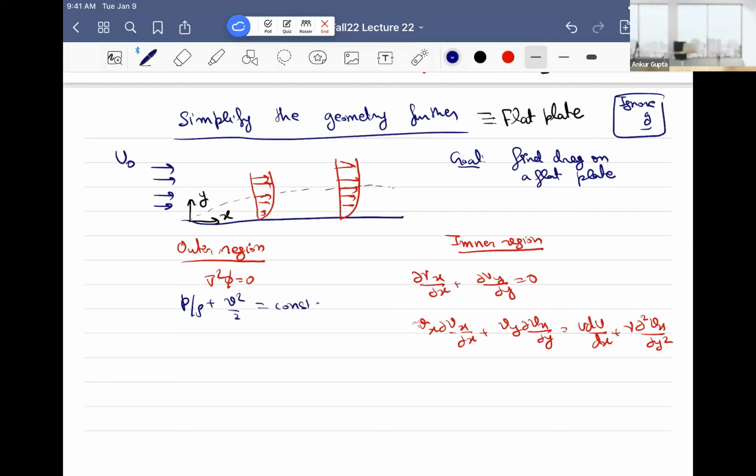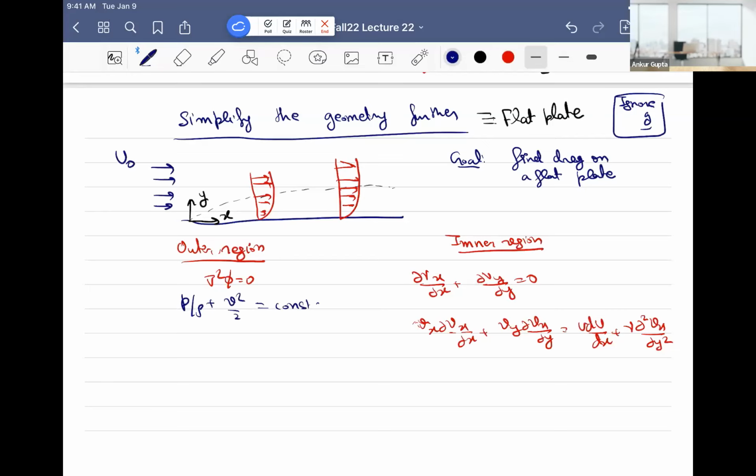So now the outer problem. I hope you can see in the outer problem there is no geometry change, right? It's just like imagine this is the surface. It's just something is flowing on top, right? And there is no viscosity, right?